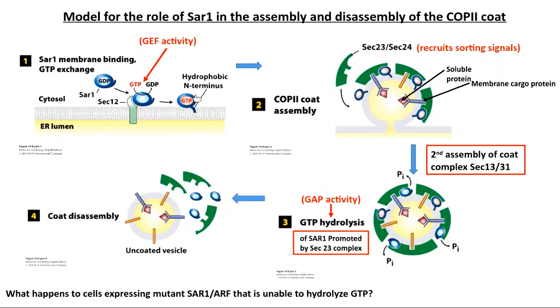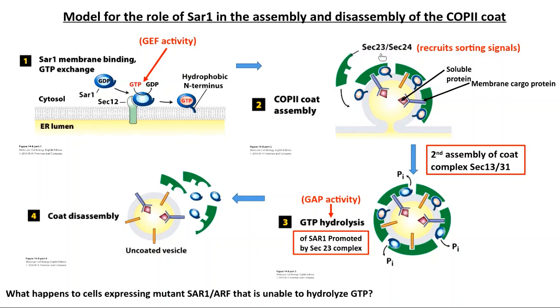Now it starts the recruitment of the COP2 coat assembly. In the process, the first set of proteins that gets recruited is called Sec23-24 proteins. This is pretty interesting because these proteins are helpful in the recruitment of sorting signals. Those sorting signals recruit soluble proteins, and we'll discuss that in a later slide.